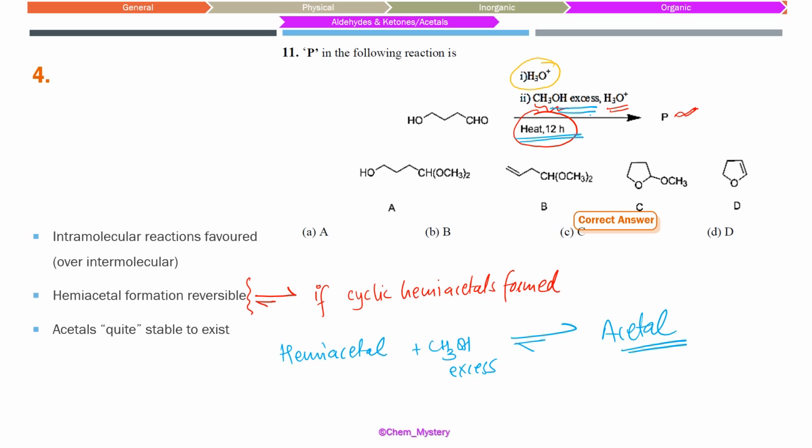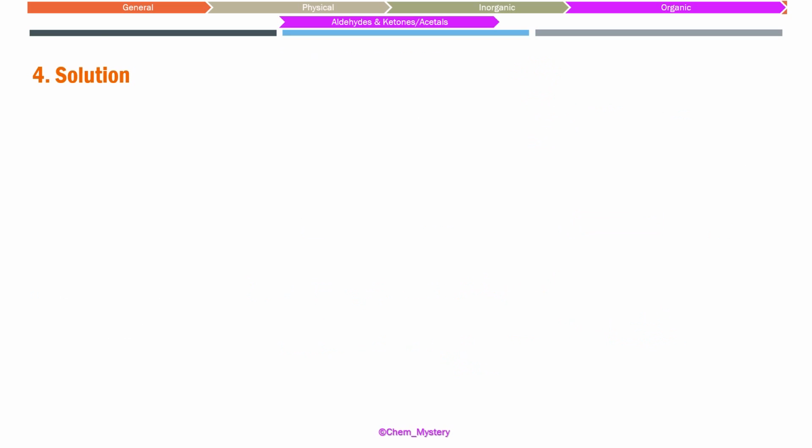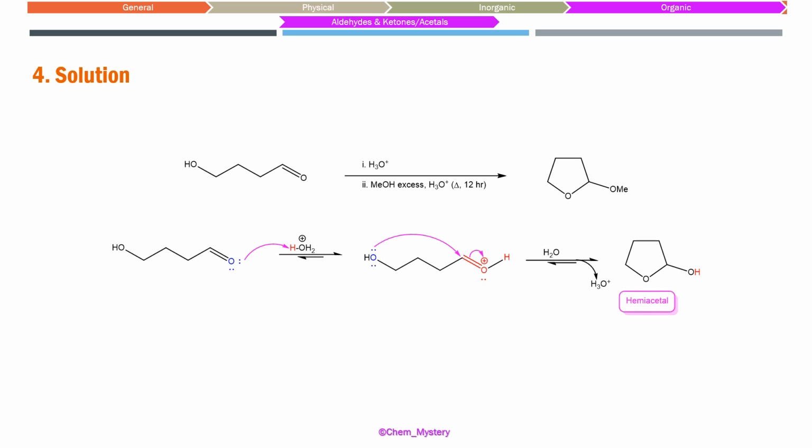Let us see how this reaction takes place. The very first step is the cyclization reaction, where the alcoholic oxygen attacks, and this carbonyl group is activated. When this takes H plus from the solvent, it converts into the protonated aldehyde.